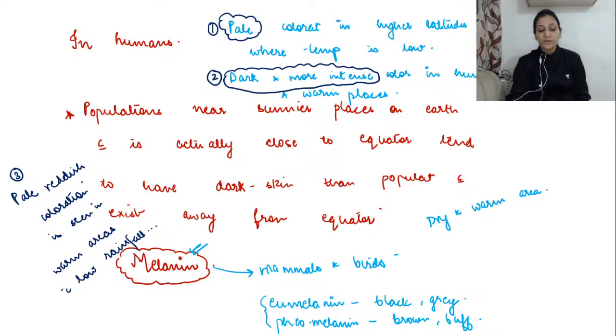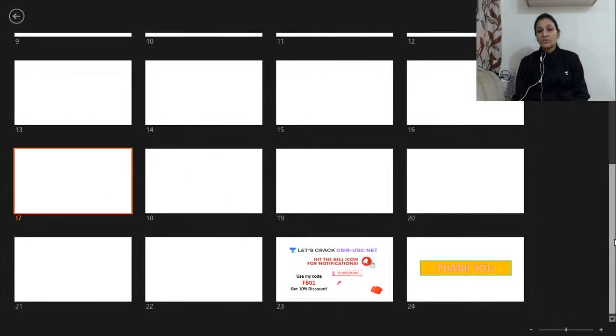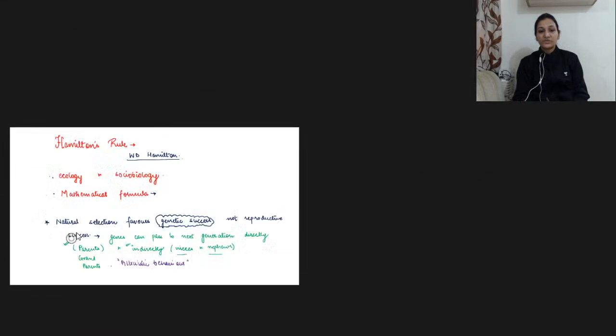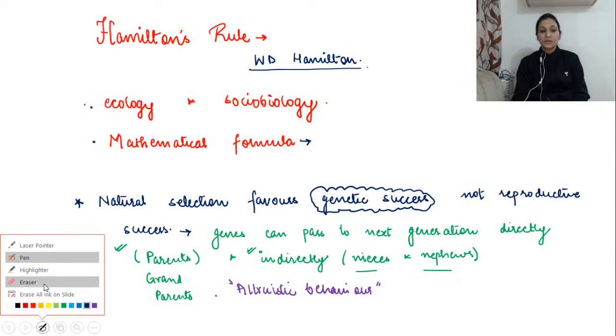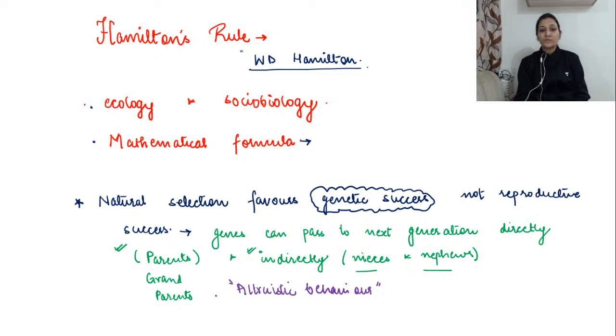So this was about Gloger's rule, and in this way we have completed Hamilton's rule and Gloger's rule in detail. So let us have a very quick revision. Hamilton's rule was given by W.D. Hamilton, and it's a rule of ecology and sociobiology.